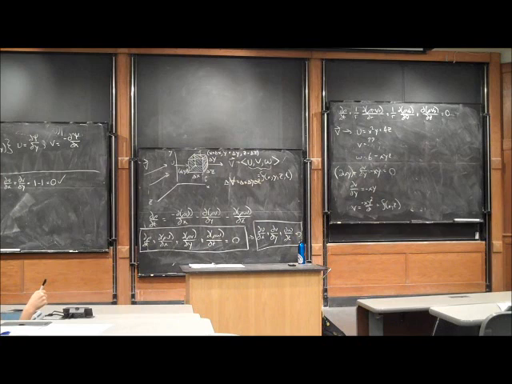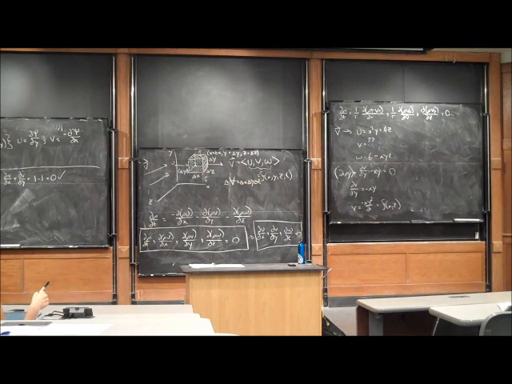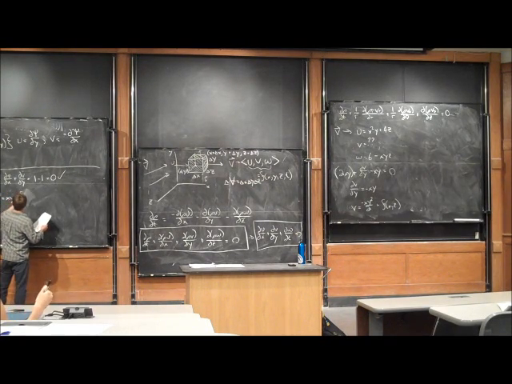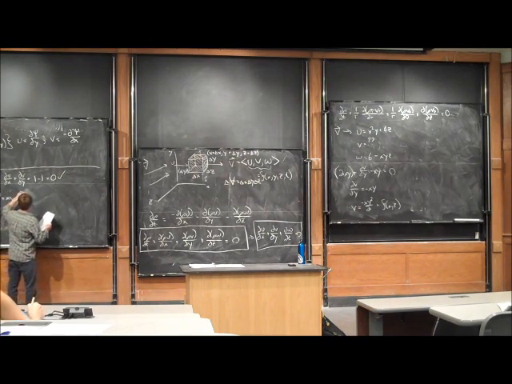Now I want to find psi. So I can say that psi is defined such that u is equal to del psi del y, which is going to be equal to x. So psi is going to be equal to xy plus some function of x.